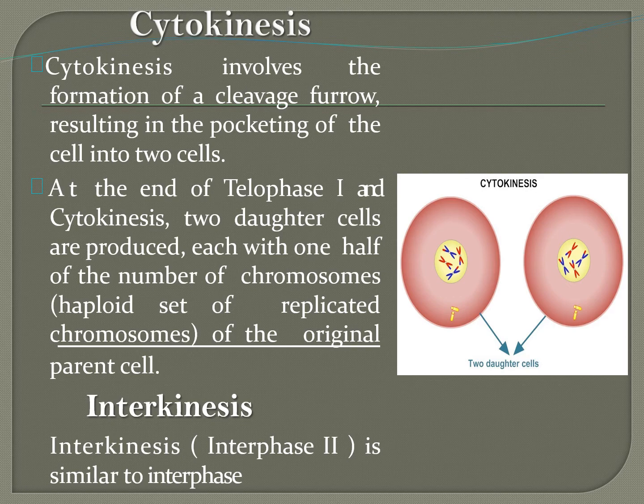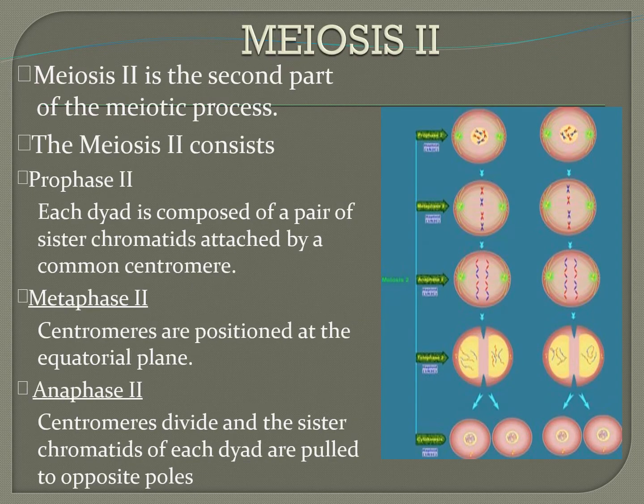After completion of the cytokinesis, the cell undergoes into the next stage, that is called interkinesis. The interkinesis can also be termed as interphase second, and it is very similar to the interphase stage of the cell division. Meiosis second. The second meiotic division is sometimes called as the homotypic division or the equational division, because the chromosome number remains the same in each cell before and after the second cell division.